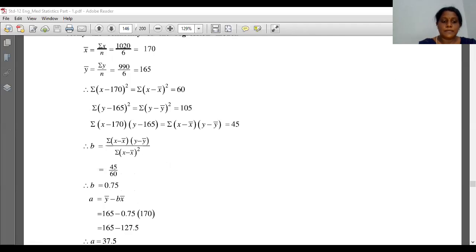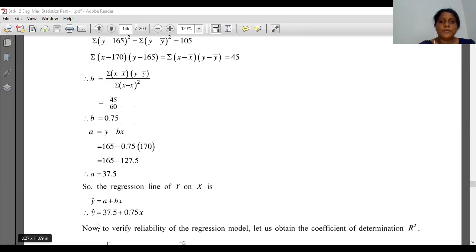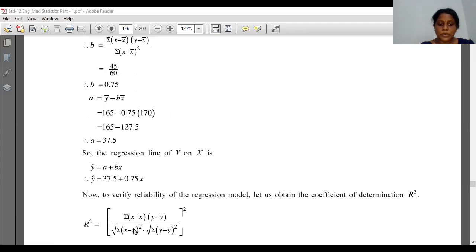So 165 minus 127.5, that comes to 37.5. This is the value of a, and this is our third step. Now fourth step, that is to fit a regression line. Regression line is y cap equal to a plus bx. So the value of a is 37.5, b is 0.75 into x. Okay, so this is our regression line.